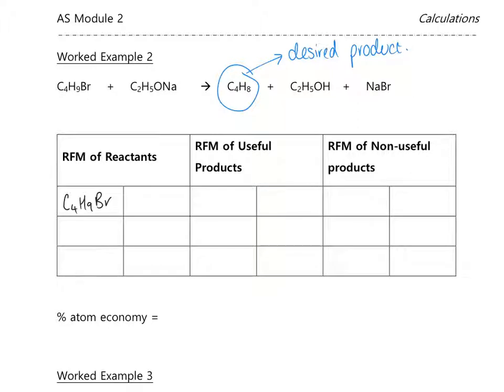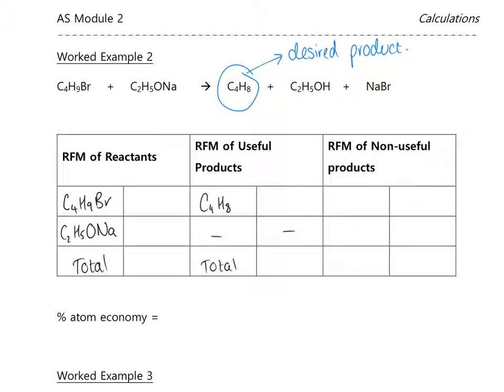C4H9Br and C2H5ONa. Then we'll need to work out our total RFM of our reactants. Our useful products, our desired product, is C4H8. We don't have any more desired products, so then work out our total.